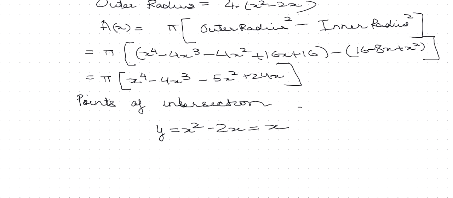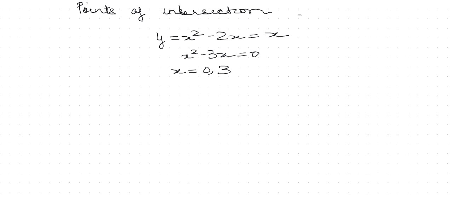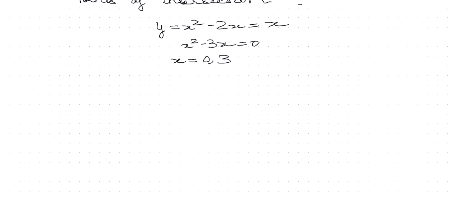Okay. So this is x square minus 3x is equal to 0. So x is 0 and 3. So the first ring is at x is equal to 0 and the last ring will be at x is equal to 3. So the limits are 0 and 3.